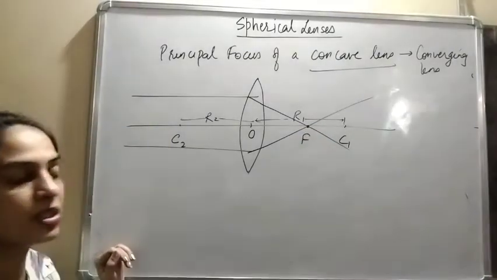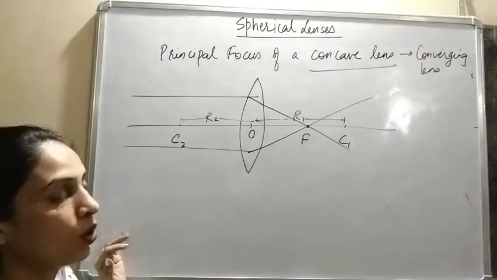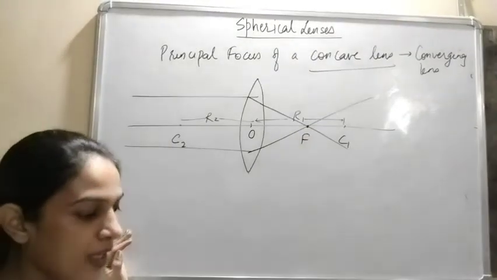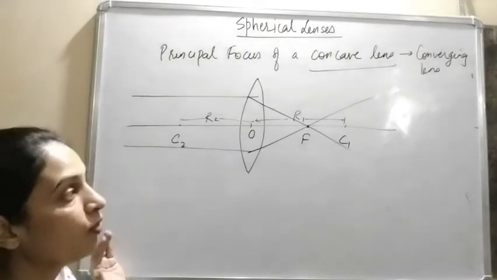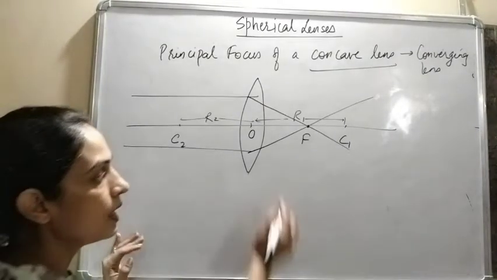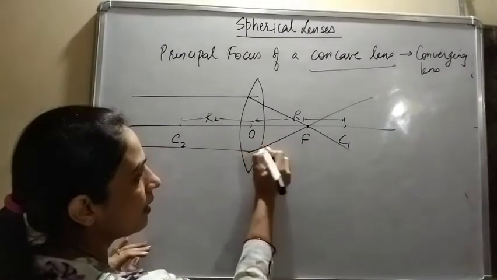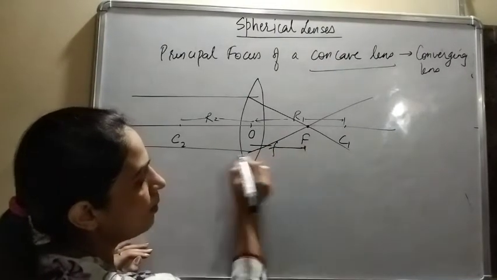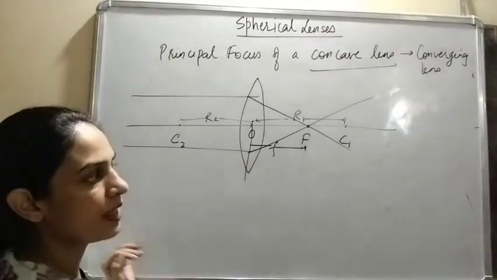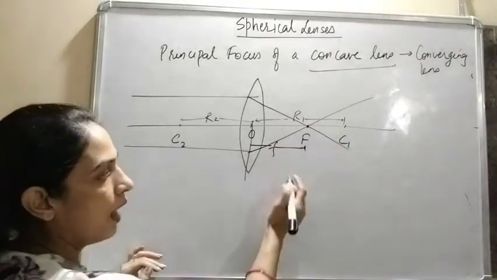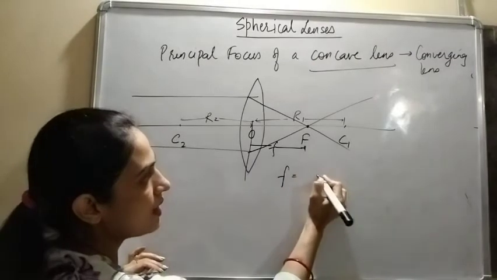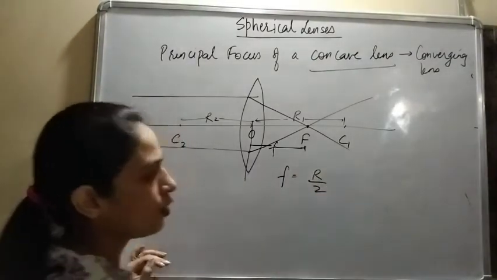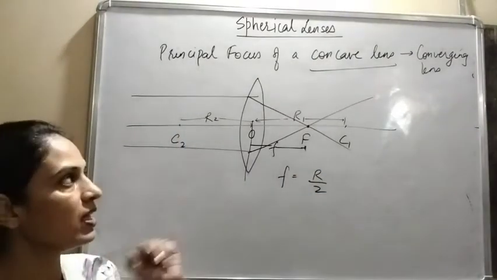That is the principal focus of the lens. The focal length is the distance of the principal focus from the optical center, and it is half of the radius of curvature here too.